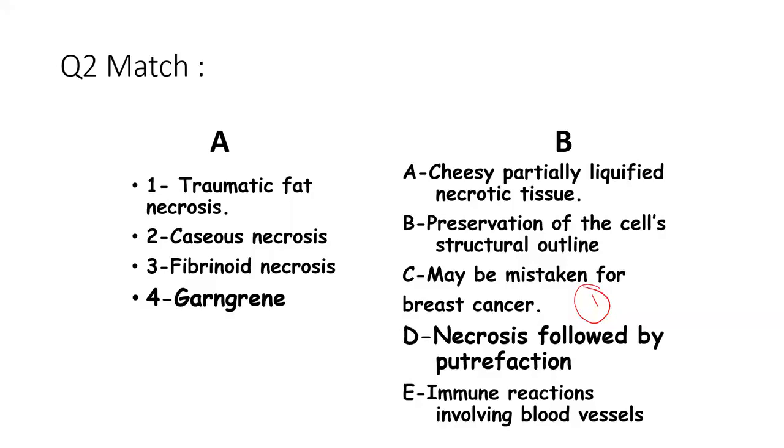Caseous necrosis, which is cheesy, partially liquefied necrotic tissue. Very good. Fibrinoid necrosis occurs in immune reactions involving blood vessels and malignant hypertension. Gangrene is a necrosis followed by putrefaction. Very good. Necrosis followed by putrefaction.